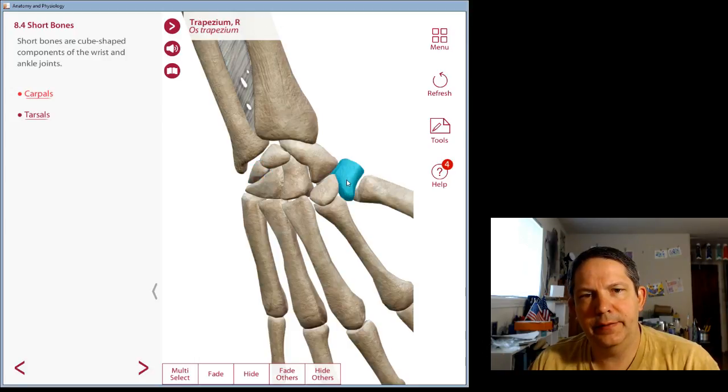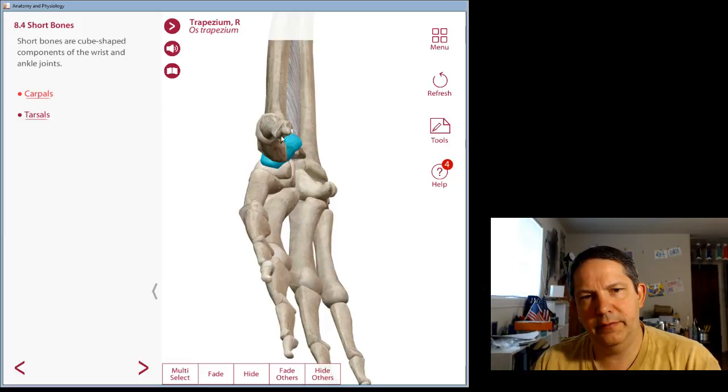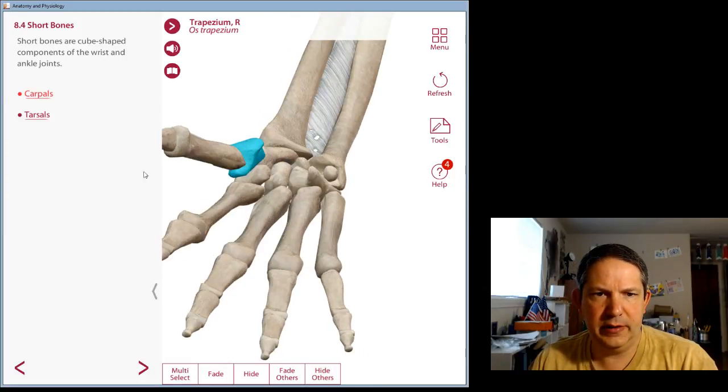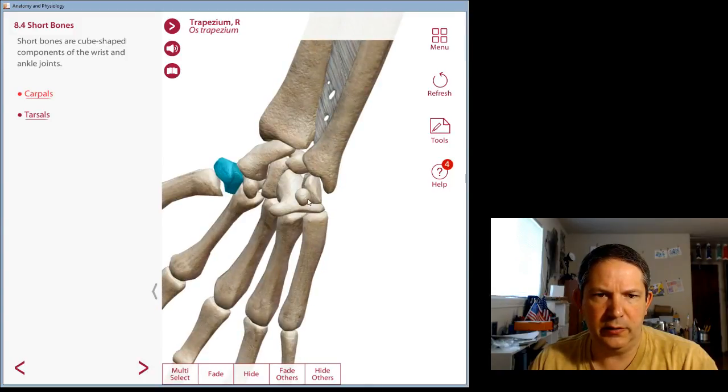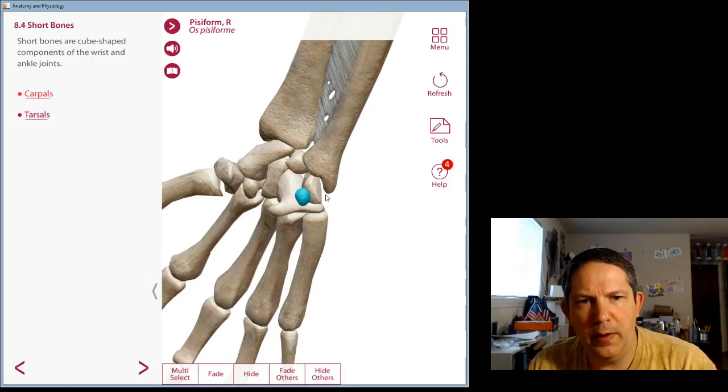And let me see, can we change the position? Let's look at them from here. We also have one more, the pisiform bone.